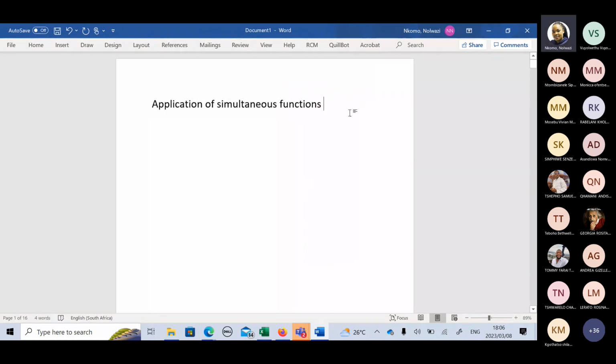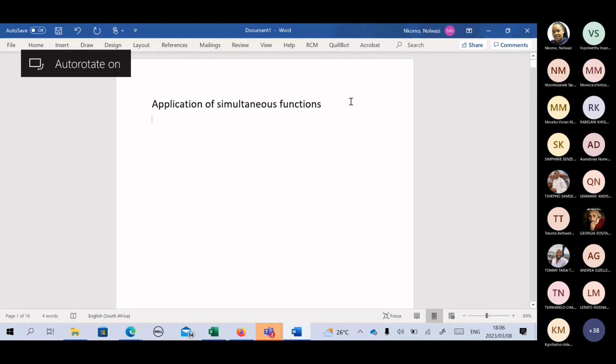Okay, as we are still under the application of simultaneous equations. I hope my screen is still showing. Today we'll cover the complementary substitution, and then we'll do the break even.